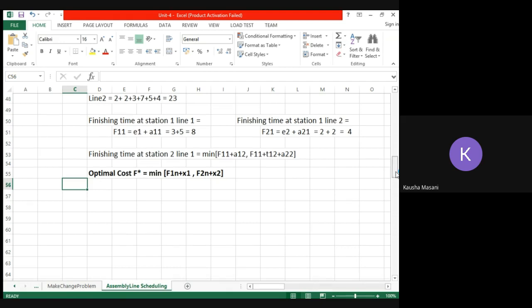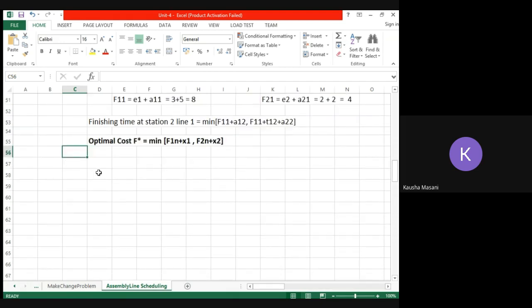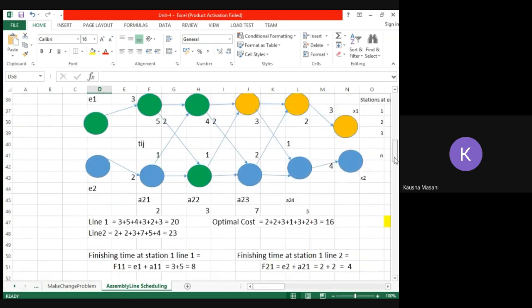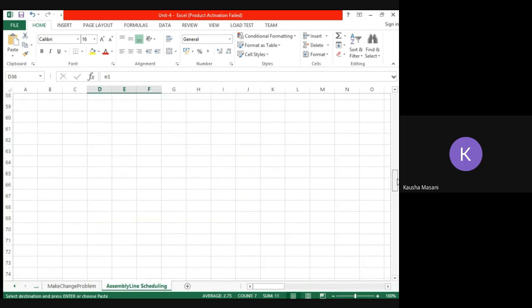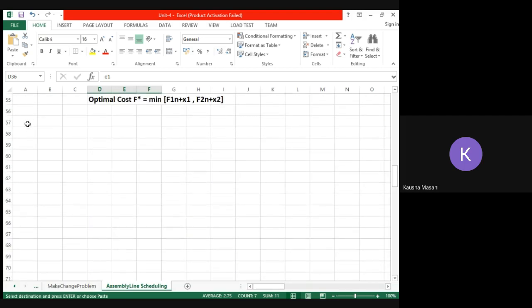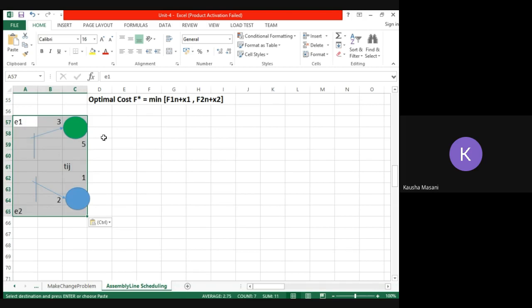The formula to find the cost for station number 1, which means this portion, this part. I'll copy it and paste it here. I want everyone to do the same thing.